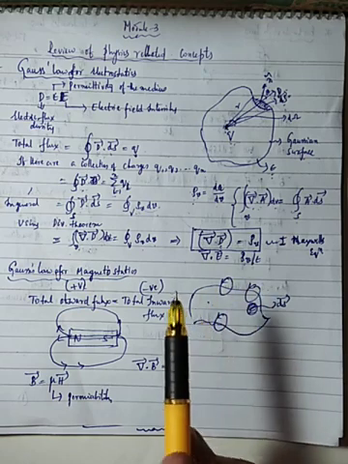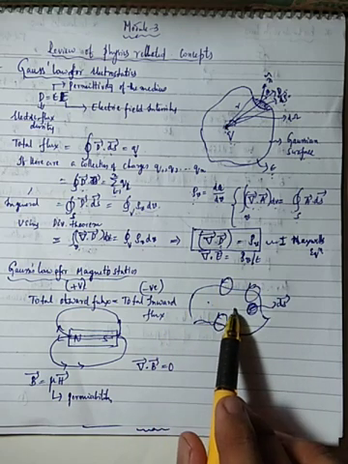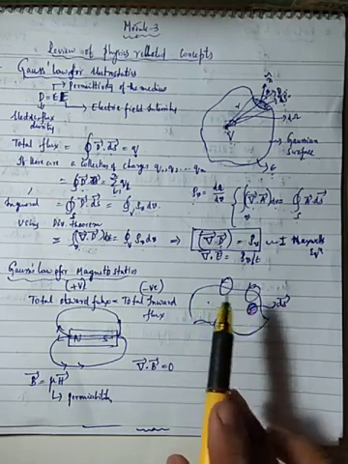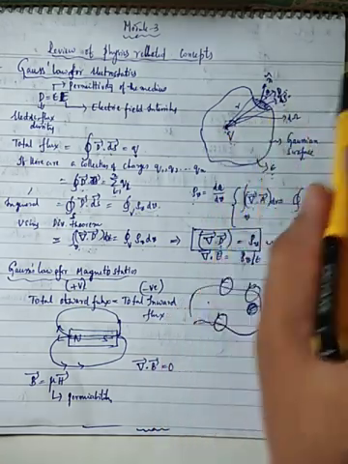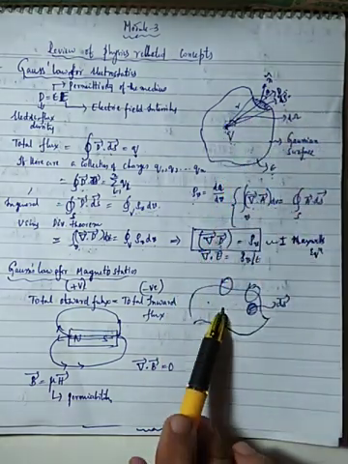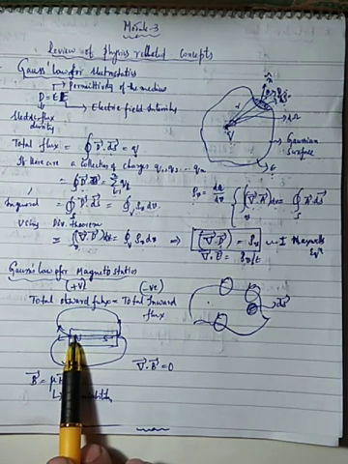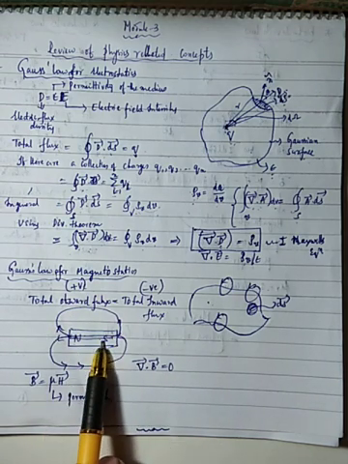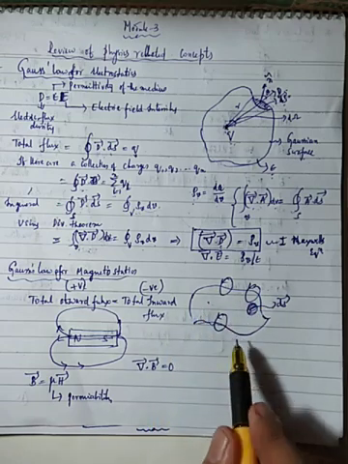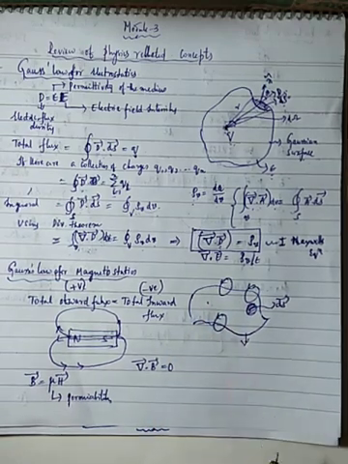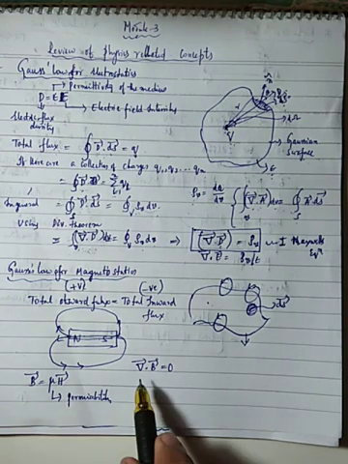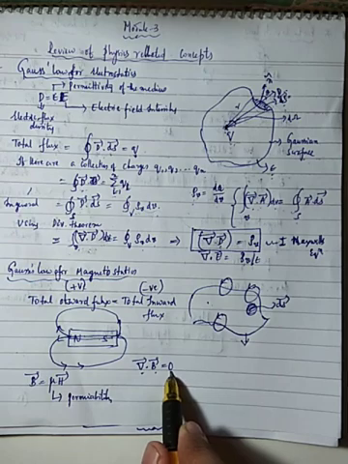Here the source and sink are fused, so whatever the source emits will be taken back by the source. So for any Gaussian surface, since they form closed loops, the divergence of B is equal to 0.